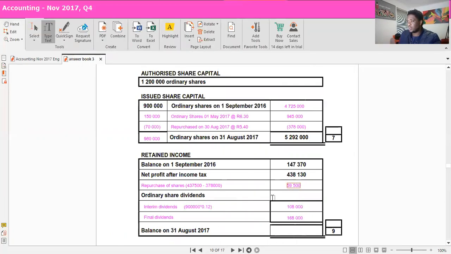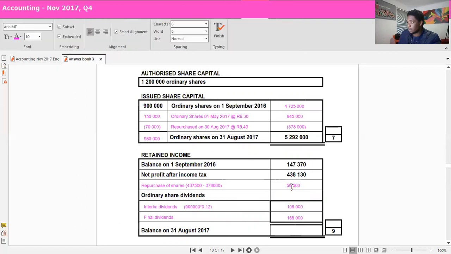Sorry guys, we should have put it here. Obviously we said that we made a loss on this sale because we paid more than the average issue price.